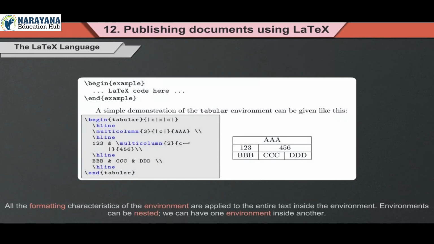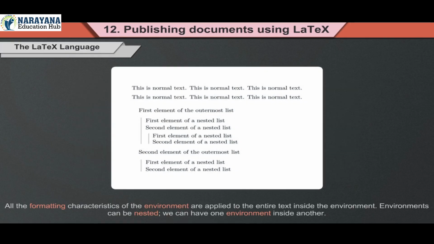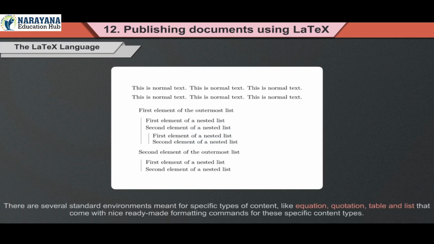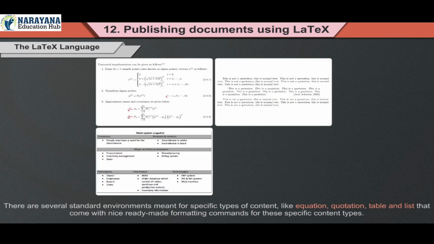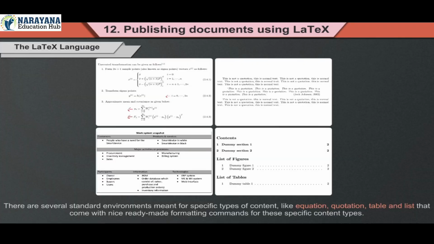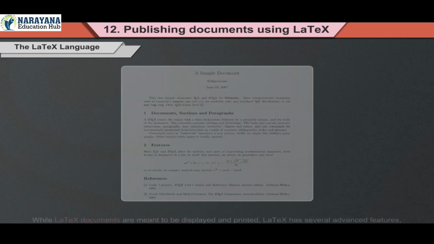All the formatting characteristics of the environment are applied to the entire text inside the environment. Environments can be nested. We can have one environment inside another. There are several standard environments meant for specific types of content like equation, quotation, table, and lists that come with nice ready-made formatting commands for these specific content types.